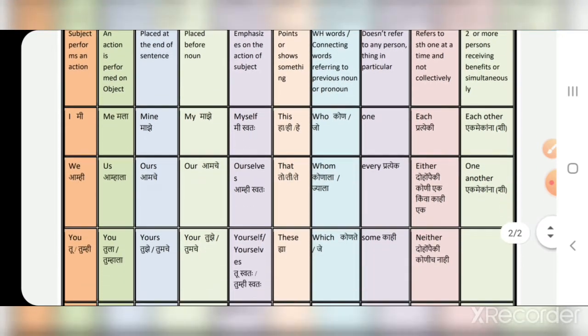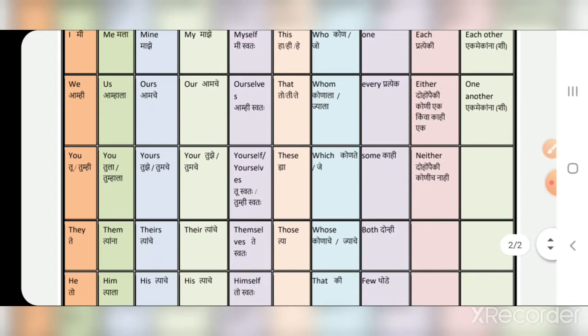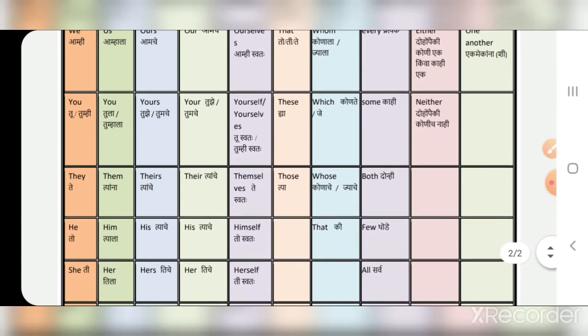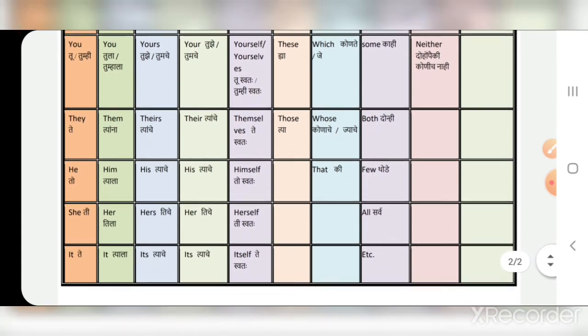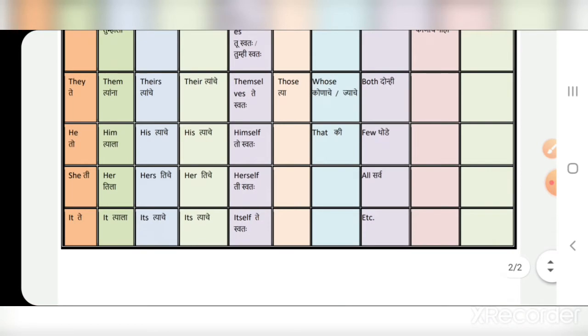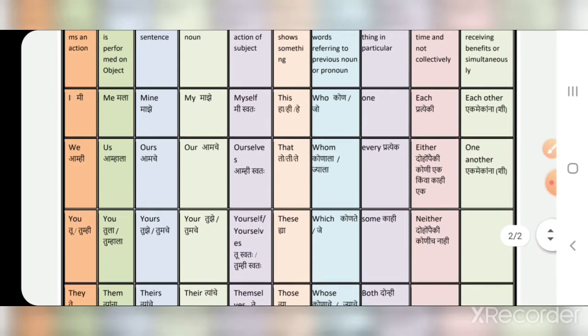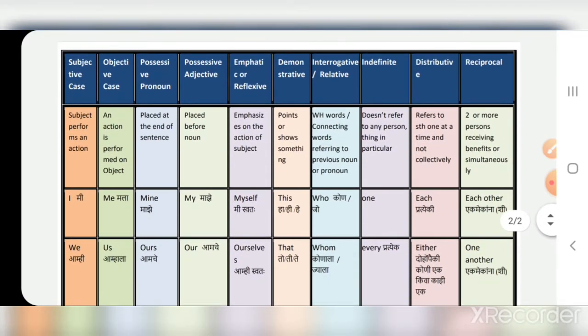These are myself, ourselves. Please look at the fifth column. Myself, ourselves, yourself, yourselves, themselves, himself, herself, and itself. Now if we use these pronouns at the end of the sentence, then they become reflexive pronouns. For example, I cut myself.